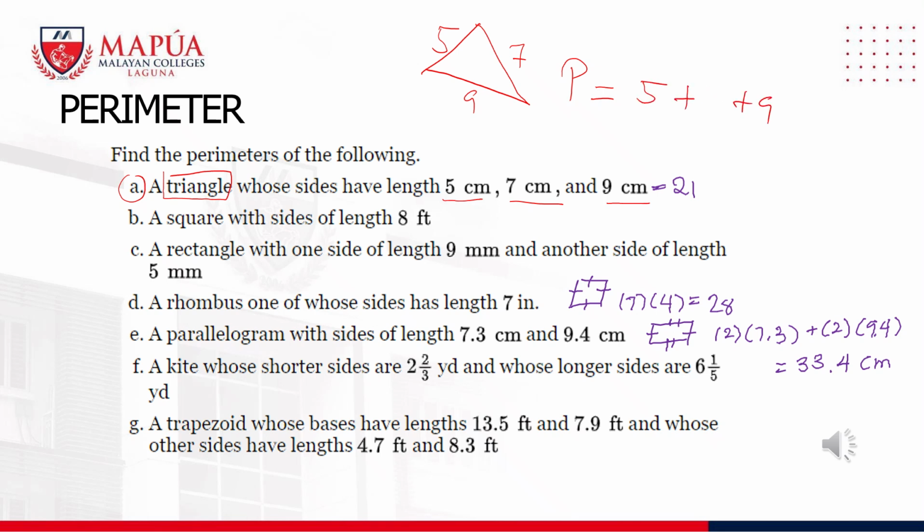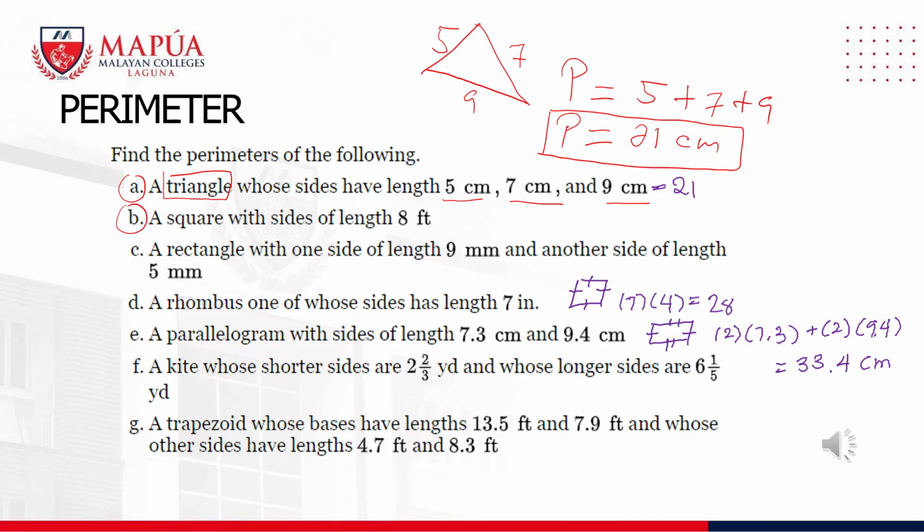It doesn't matter, class, if you start from 5 going in clockwise direction, or you do it in counterclockwise direction. So the perimeter is simply the sum of all the sides, which in this case is 12 plus 9, 21. The unit is centimeter, so 21 centimeter. This is the perimeter for problem A.